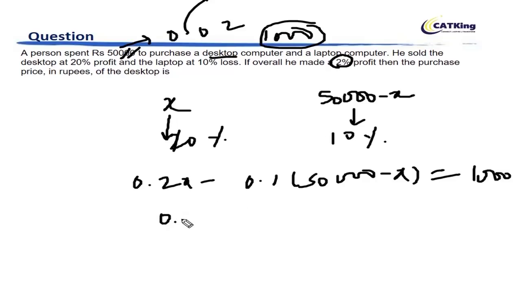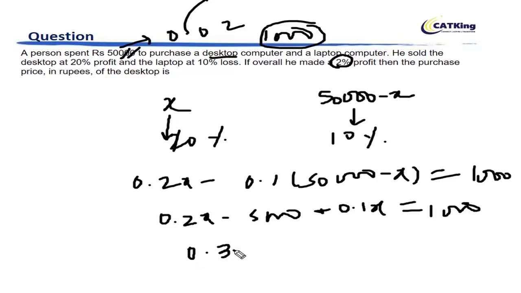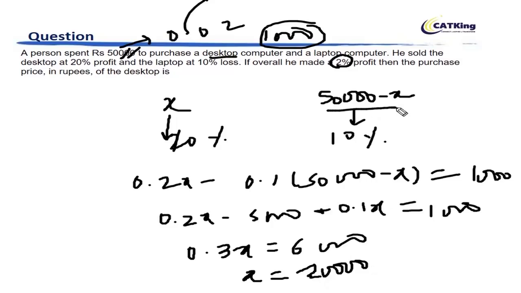Now if you solve this, 0.2x minus 5,000 plus 0.1x is equal to 1,000. Now 0.3x becomes 6,000, so x becomes 20,000. Now that x is 20,000, you know that 50,000 minus x is 30,000.